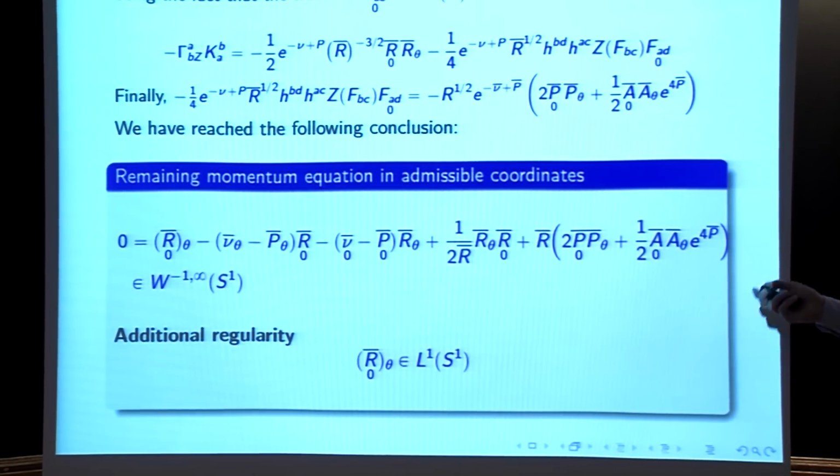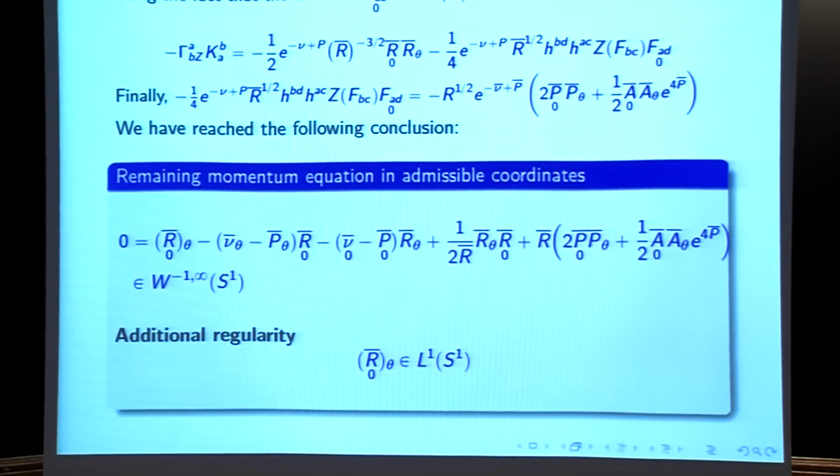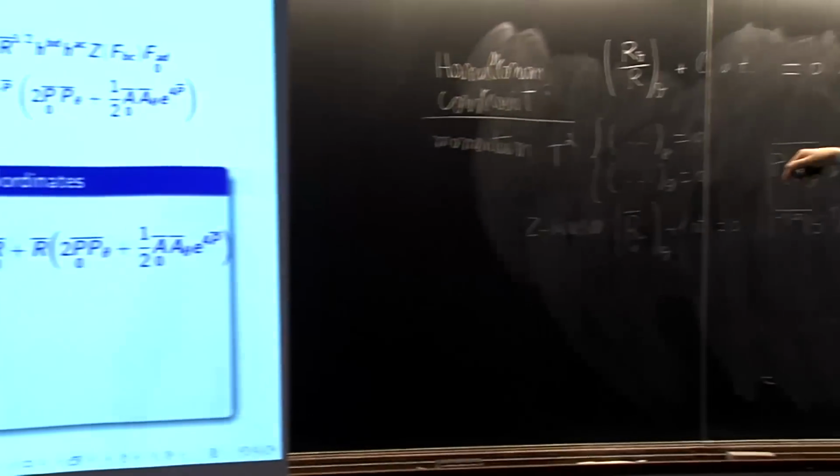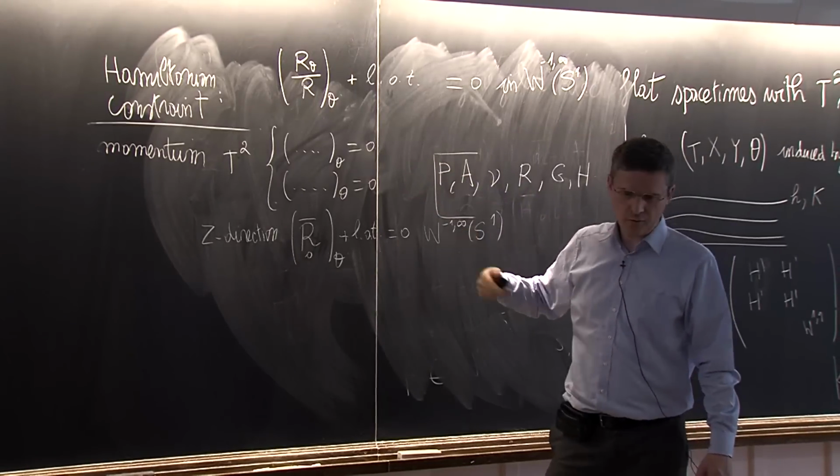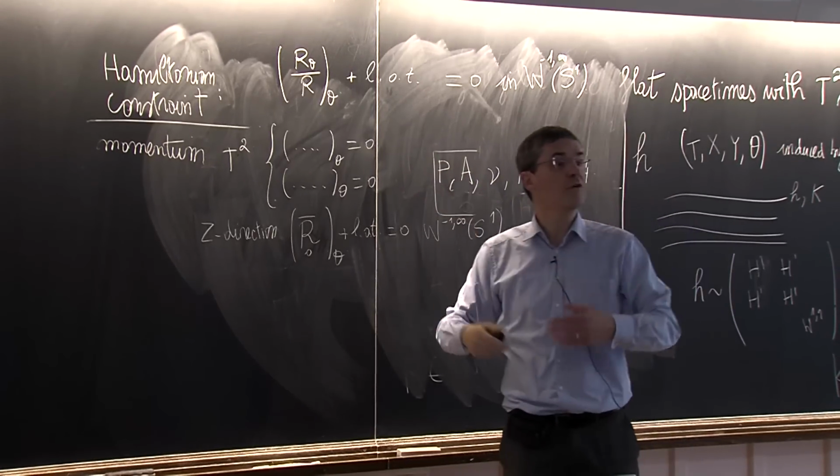You have to look carefully at each term to realize that. But this is L1. So you get some additional regularity, and this is a philosophy that the Einstein constraints actually imply additional regularities that you didn't put in the definition, but they come from the equations.